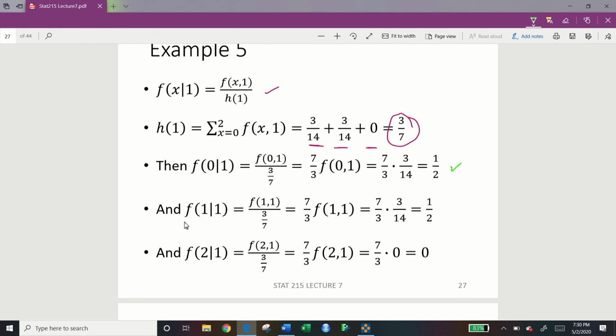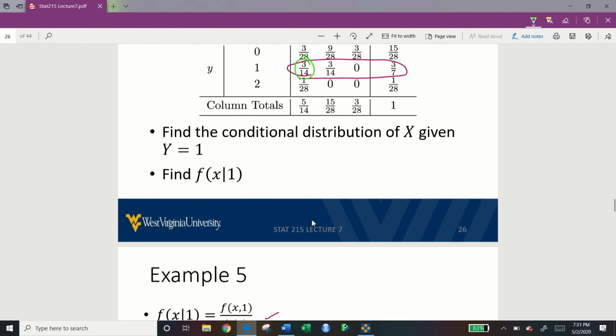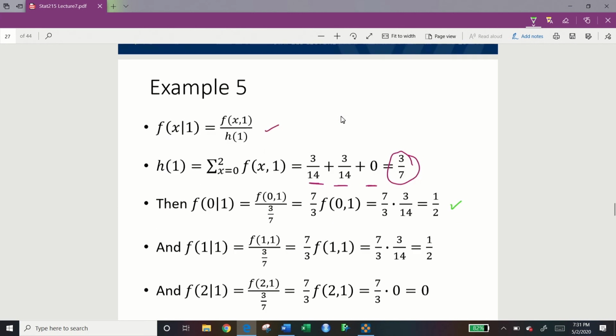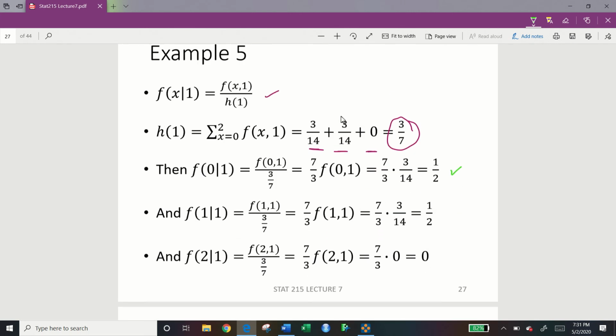Next, we want to find f(1 | 1), which would equal f(1, 1) over 3 sevenths. Once again, flip the fraction and multiply. We need to find f(1, 1), which is going to be 3 fourteenths. Once again, same fraction we multiplied before, that's going to equal 1/2.